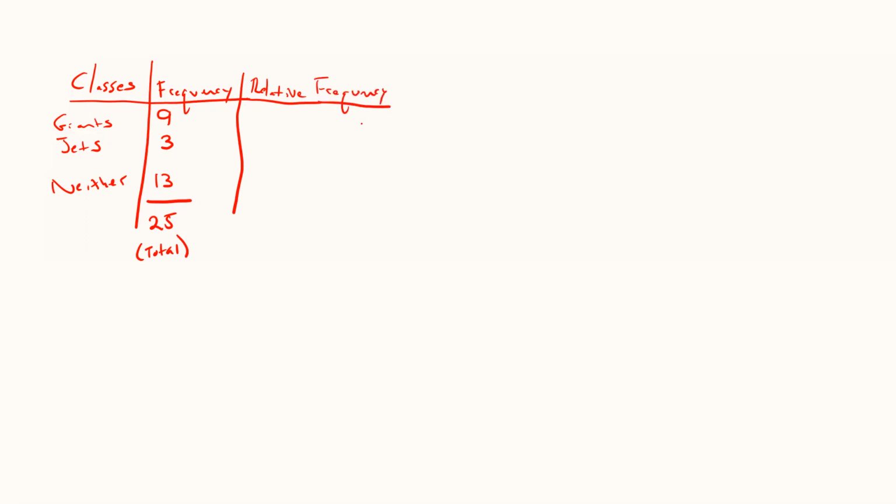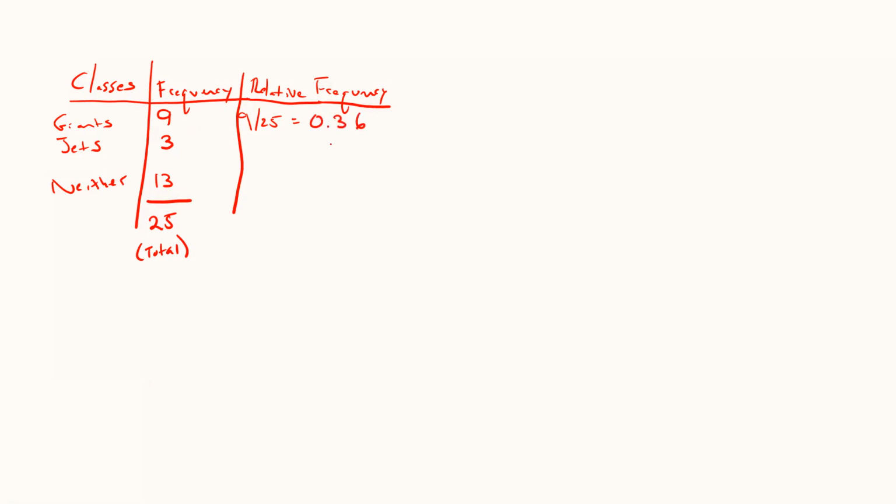Okay. So can someone tell me how you find the relative frequency again? For, say, the Giants, what would I do? Yeah, so the relative frequency, you would take 9 and divide it by 25. Okay. I believe if you did that, you would get 0.36.